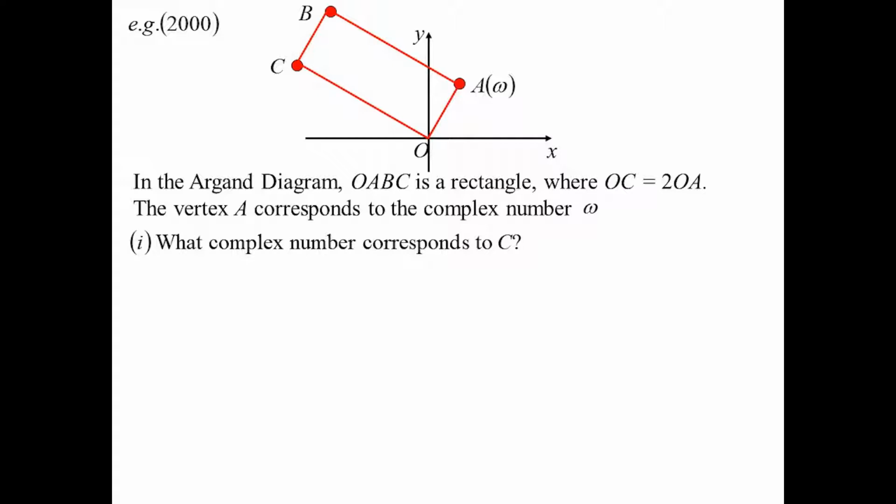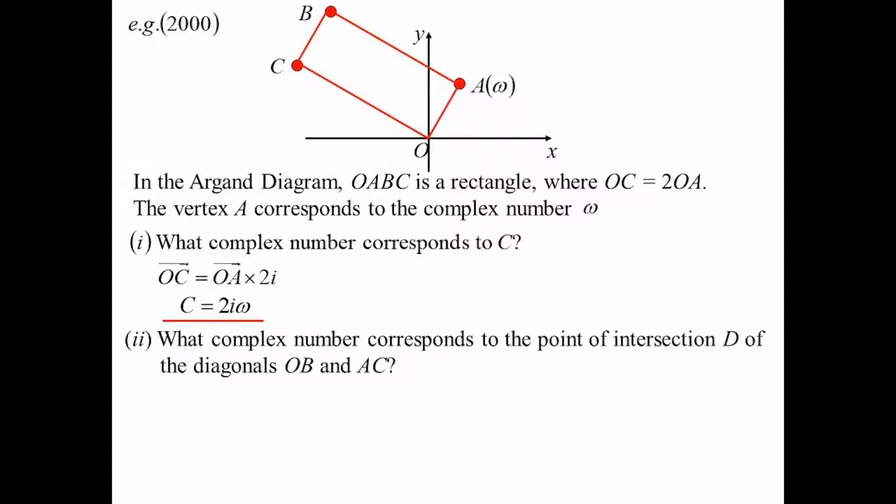So I could rotate the vector OA 90 degrees, but I'm also going to have to stretch it. We said the length was double. So the vector OC would be the vector OA times 2i. Well, the vector OC is the same as the point C because it's a position vector. It's anchored at the origin there. Same with OA. So we get C is 2i times omega.